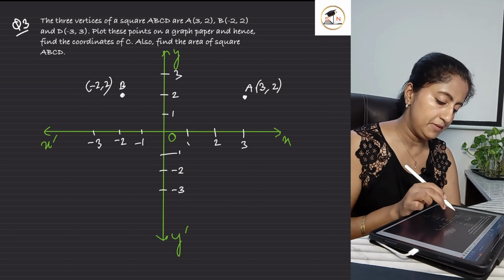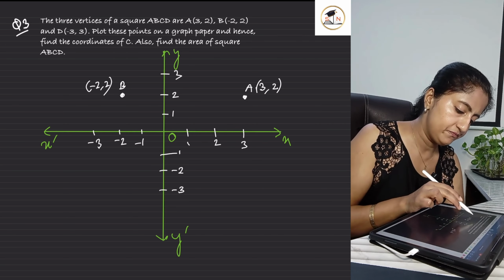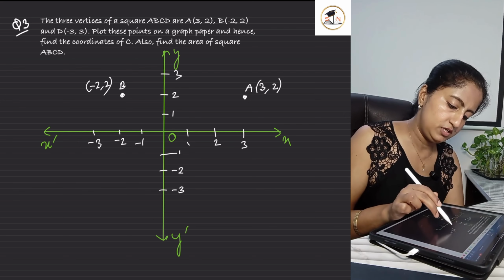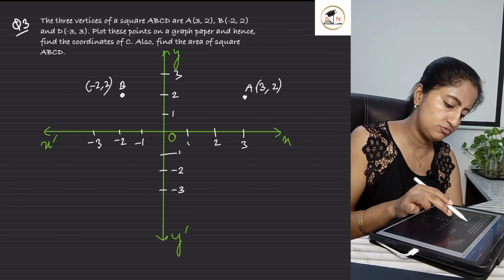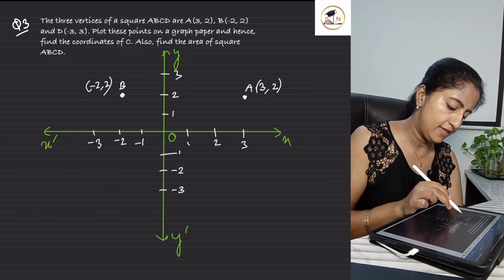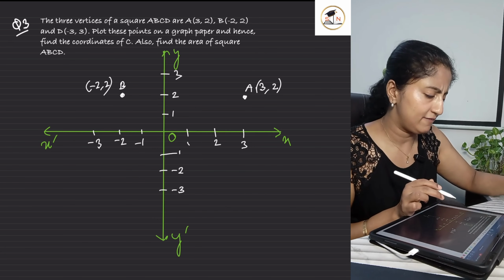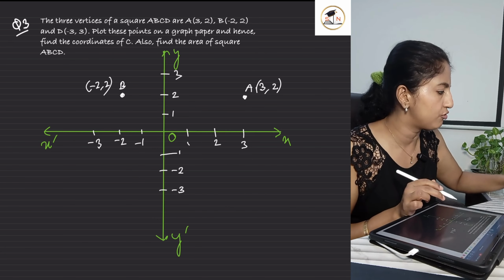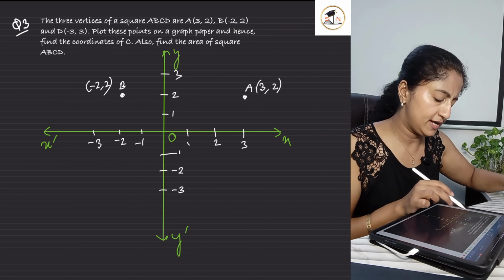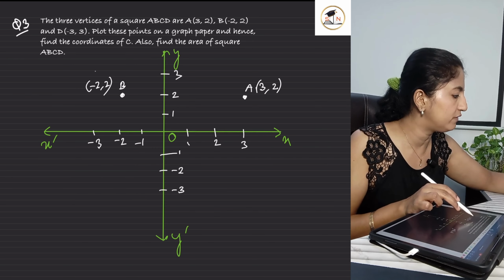-3 and 3 means what do we have over here? 3, 2, -2, 2, and then we have -3, 3. It certainly seems that I have actually written the coordinate wrong over here, right? Because if I write -3, 3, it will appear over here.